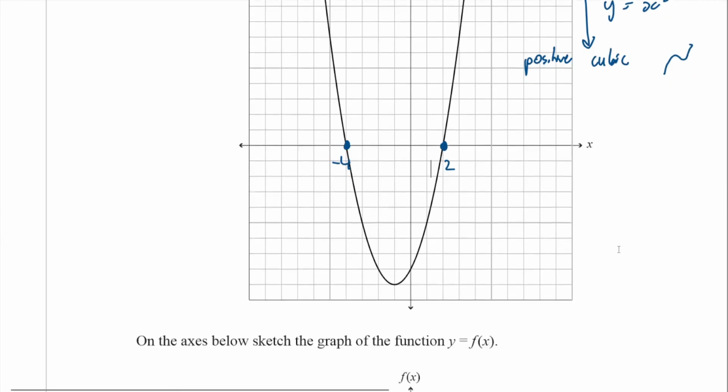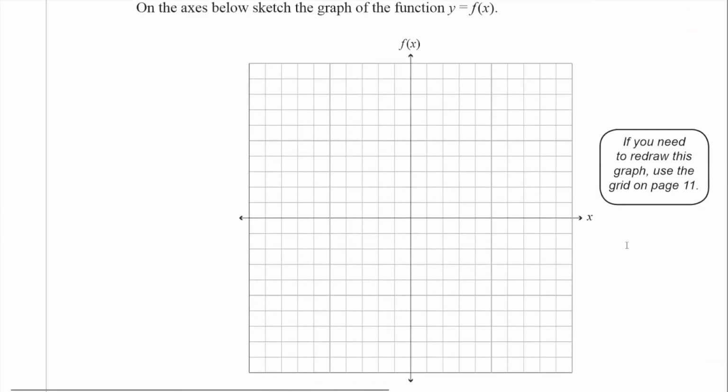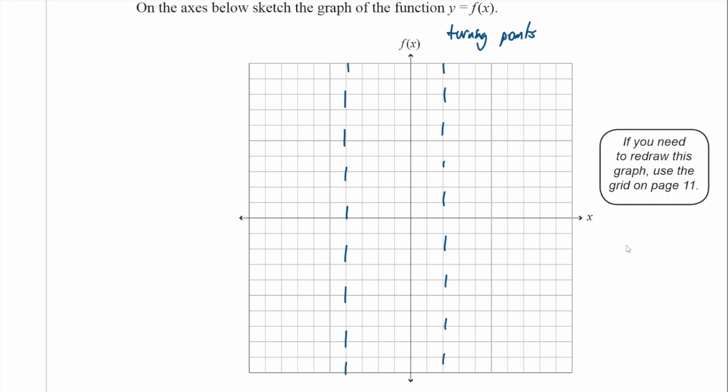So just to help us with our sketch, at 2 I'll put in a dashed line, and at -4. So I know that the turning points must be on these two lines.